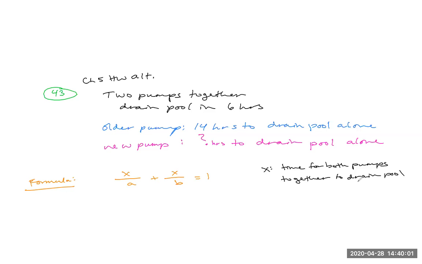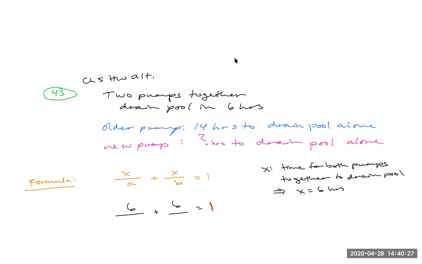Do we have that? Yes. In this case, X is equal to 6 hours. Okay, so where you see X here, we're going to replace that with 6. And then, of course, the 1 part is going to stay the same. That 1 represents one job.